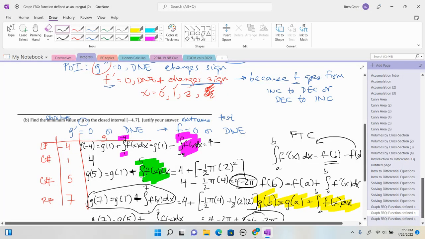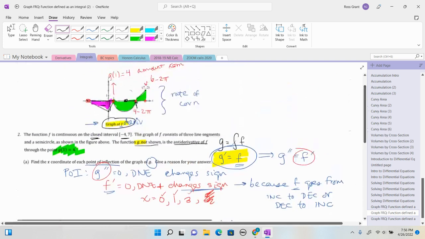So I have 4 minus -1/2 base times height, which is 4 minus a -5. So that's 9. So back here, what I started with was 9.